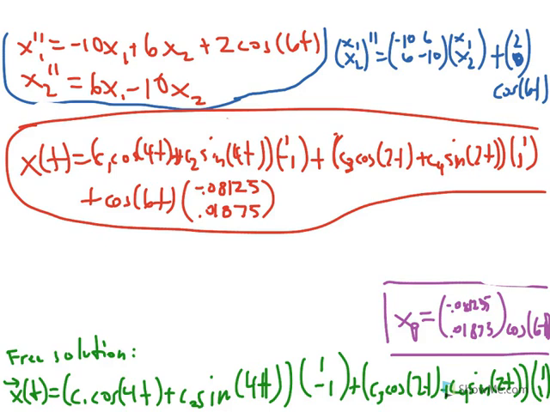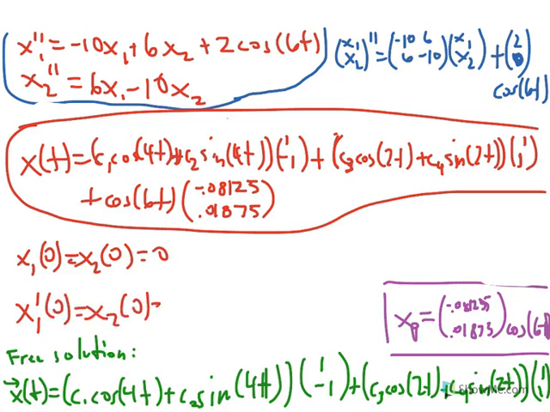And from here, we're given that x1 at time t equals 0 is equal to x2 at time t equals 0, equal to 0. Similarly, their derivatives at time t equals 0 are 0 as well. Now we have 4 initial conditions and 4 unknowns, and we can solve for C1, C2, C3, and C4. What you'll get in the end is C2 and C4 are both equal to 0.